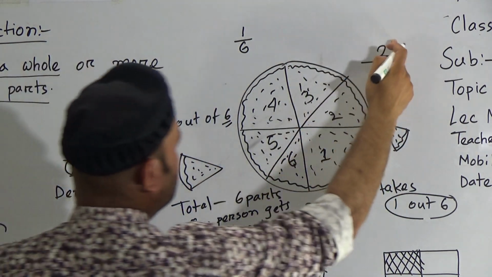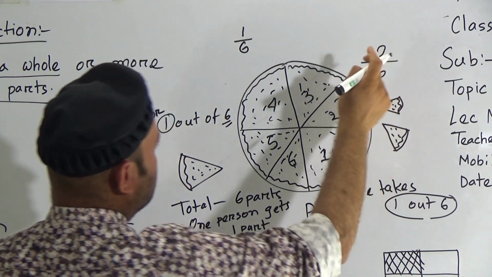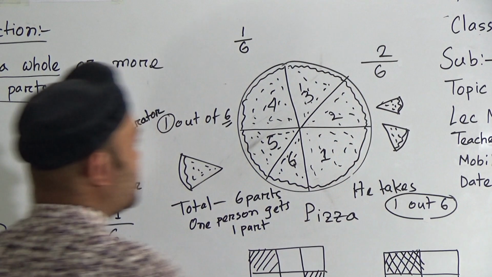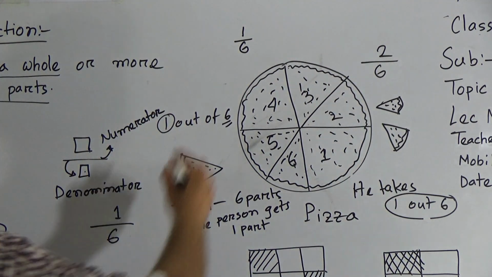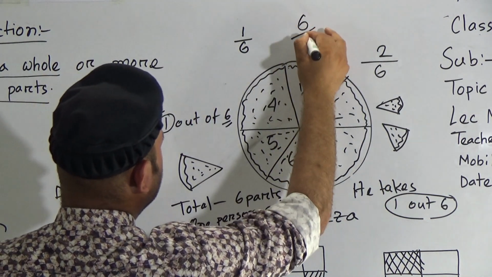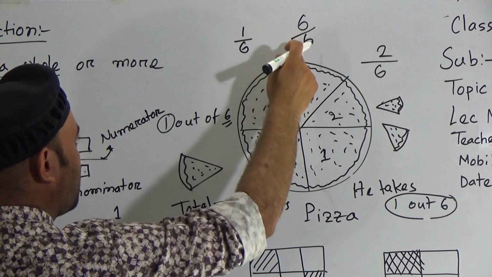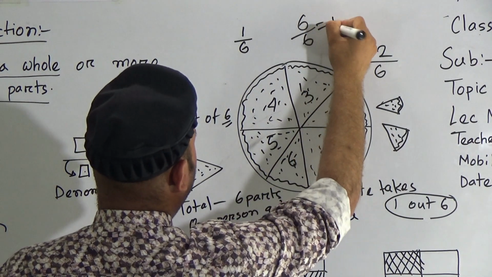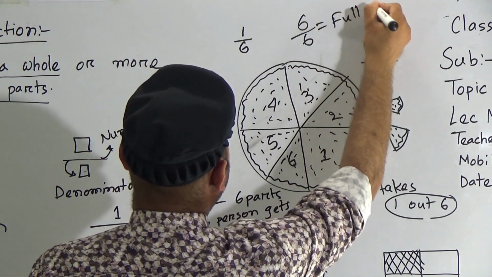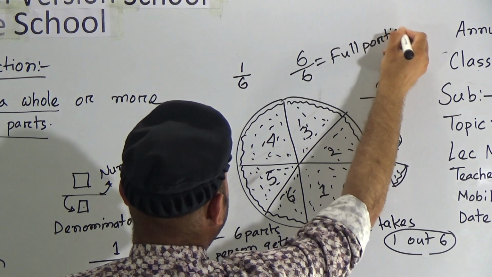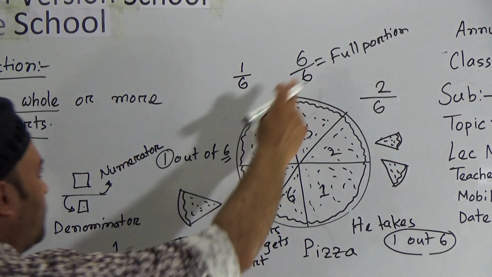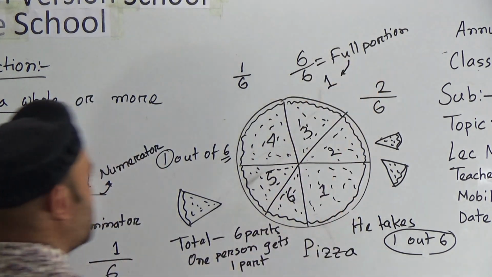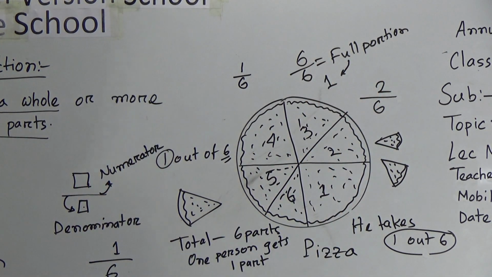Then it will be 2 divided by 6, and it is called 2 out of 6 or 2 upon 6. Similarly, someone can take 6 out of 6. Then 6 out of 6 means the whole part of this picture, then it will be the full portion, and for the full portion we can write 1.